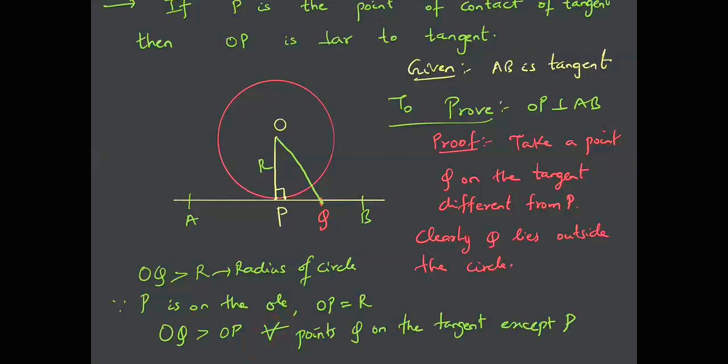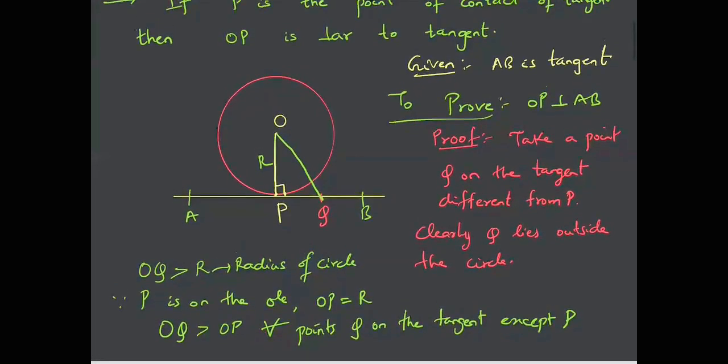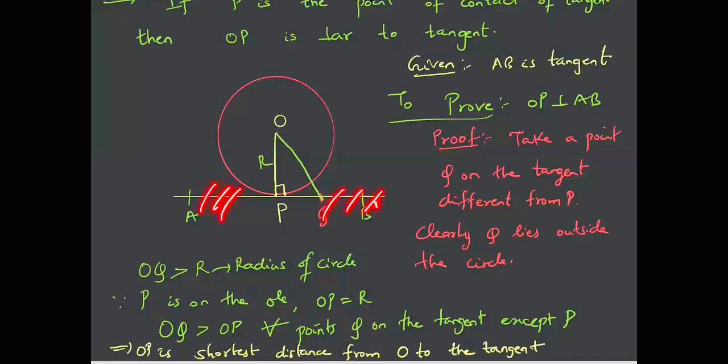This means that OP is the shortest distance from O to the tangent. Because if you take any other point Q on the tangent, then OQ is definitely greater than OP.